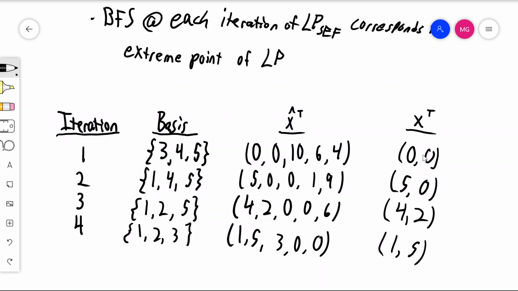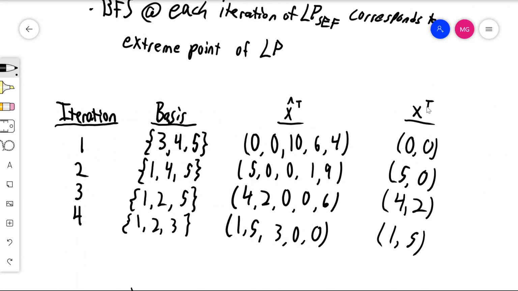Those are the real variables. The rest of these components were slack, right? So the original 2 are the 2 coordinates that we're concerned with, 0, 0. So this is for x for the original. By the way, I've just written transpose because we're writing these as rows right now, whereas vectors are typically considered to be columns, but I'm using rows for more compactness.